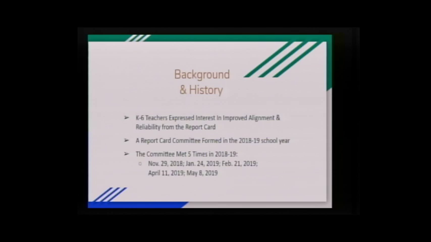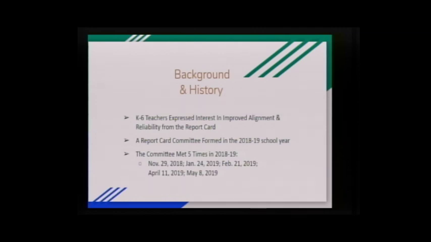I arrived over the summer, and Common Core Standards came to us in 2014, which was the initial time Newark Unified looked at revamping or updating the report card. If you look at the background and history, just to date back to last year, K-6 teachers expressed interest in improved alignment and reliability from the report card. They did not believe that they were genuinely correlated to the Common Core Standards.